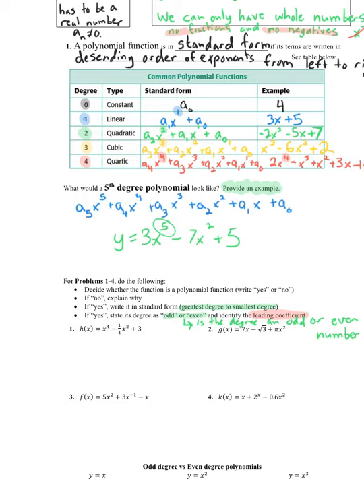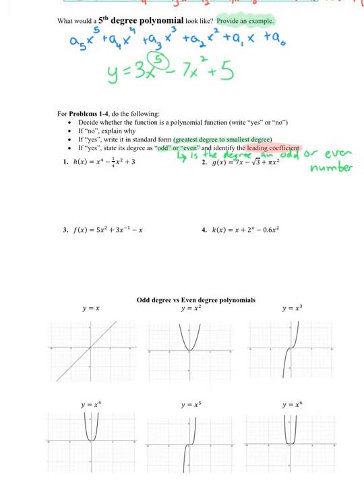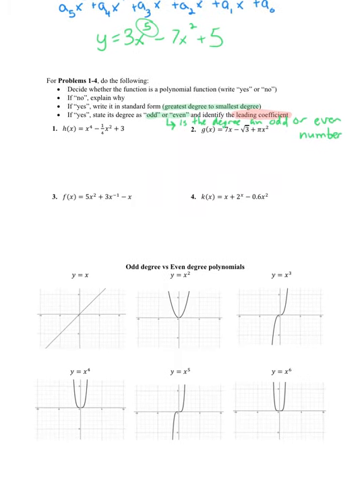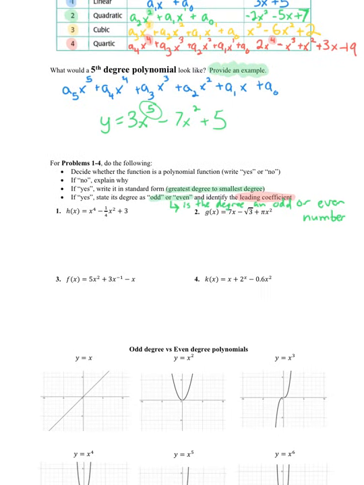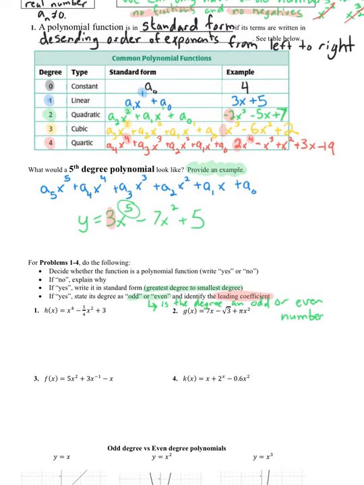Degree 2, that's an even. Degree 3, odd. Degree 4, even. Degree 5, odd. That's what odd or even is. You're just looking at the first exponent, and you can determine whether it's odd or even. Leading coefficient is whatever number is in front. So there's a 2, there's a 1, there's a negative 2, there's a 3. Those are your leading coefficients.